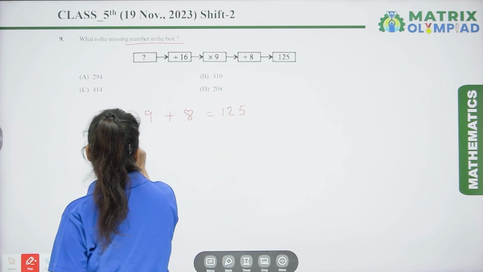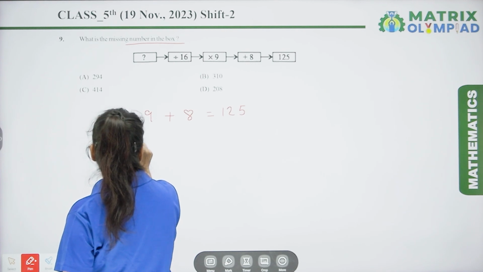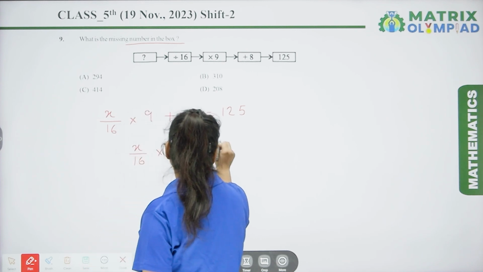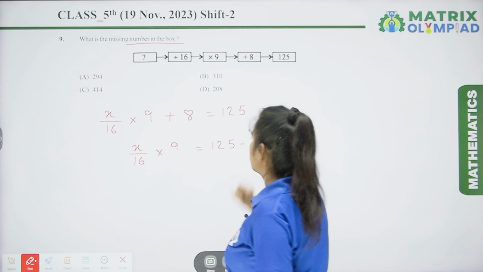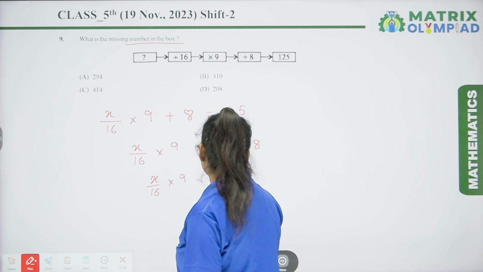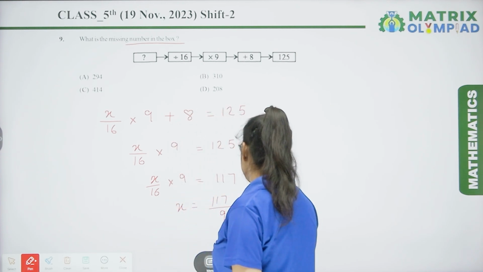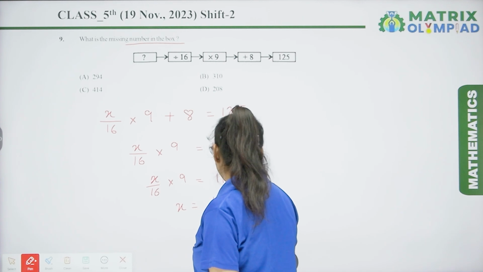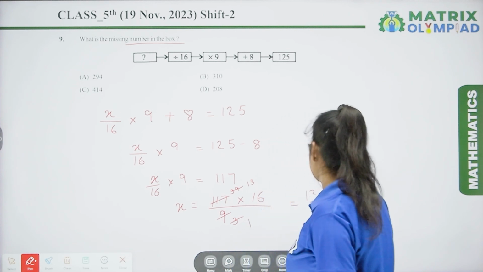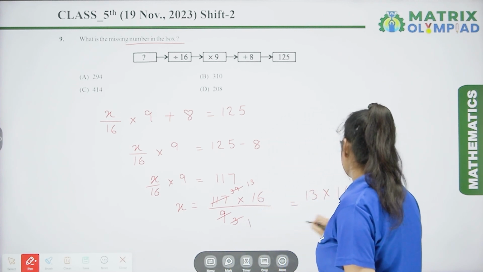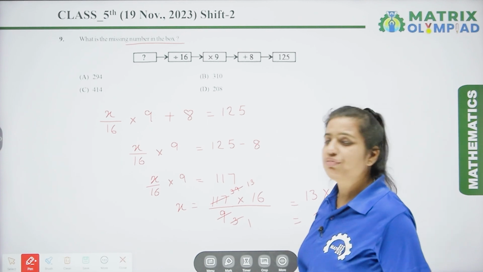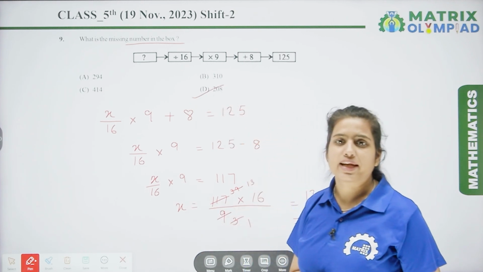So here let's calculate x upon 16 multiplied by 9, that is equal to 125 minus 8, that is 13 multiplied by 16 is equal to 208. So according to the question we can say that option D is the correct answer.